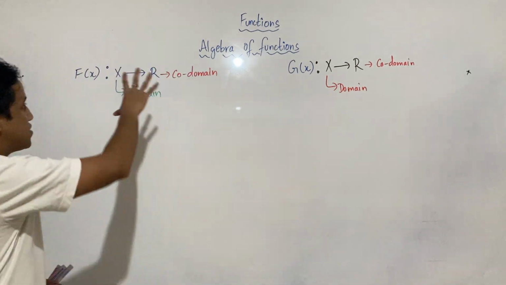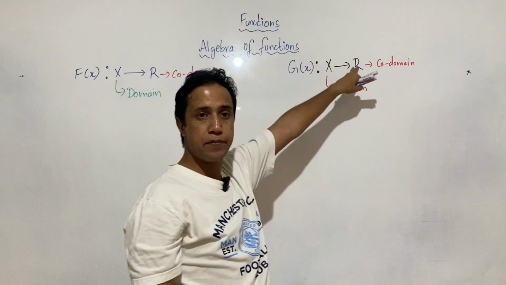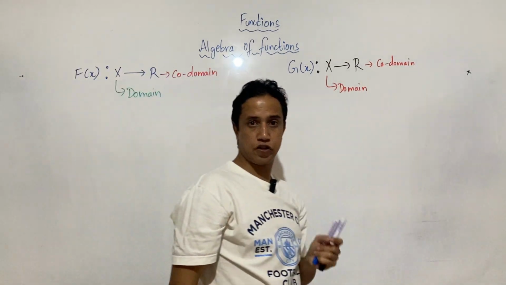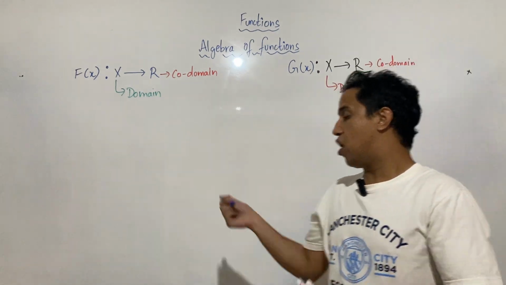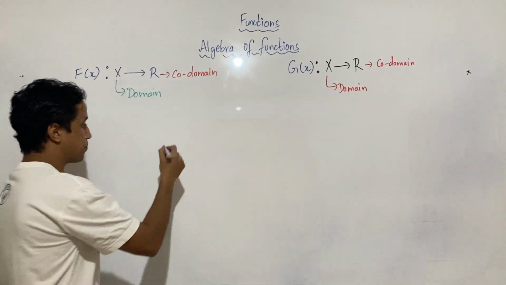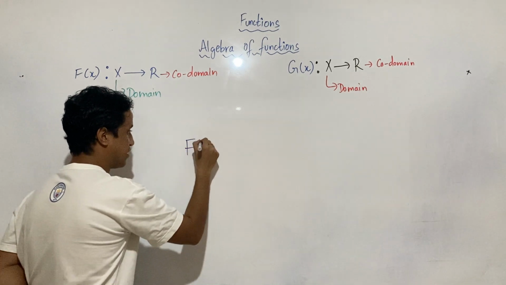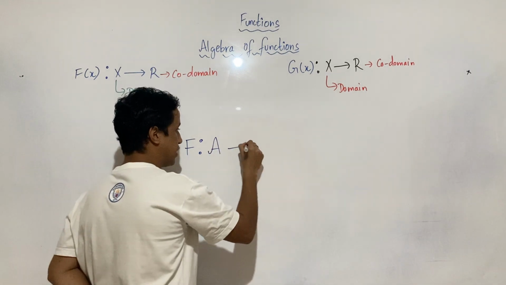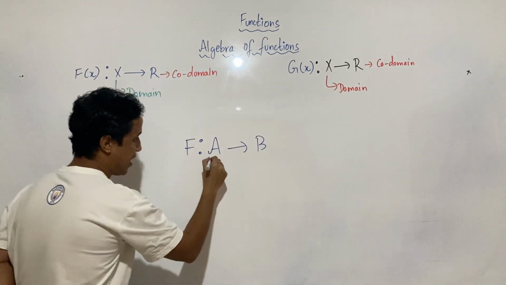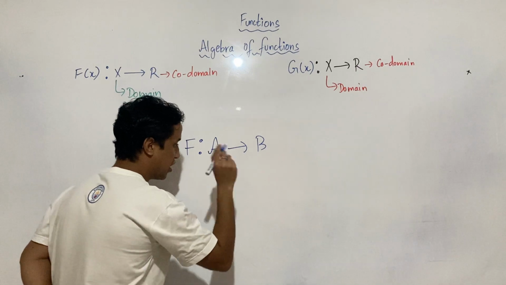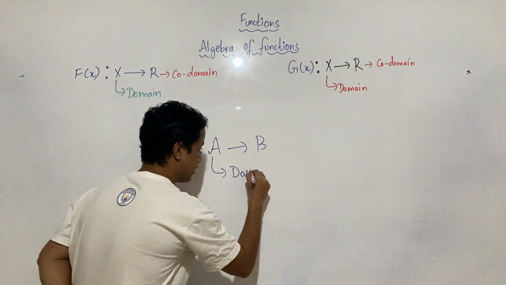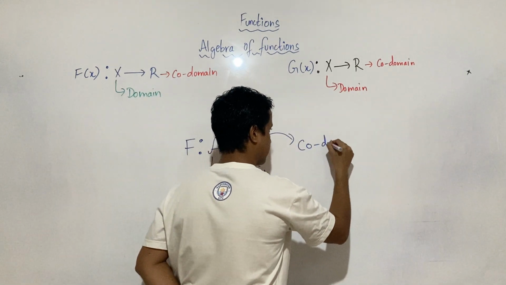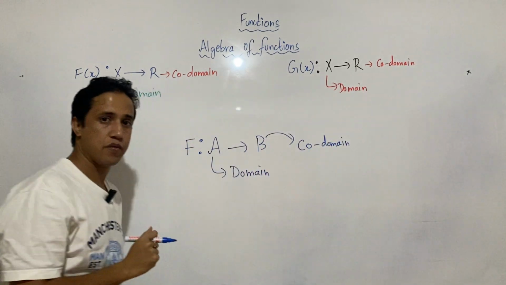This is the mathematical definition of the function. So I have represented both these functions mathematically. What does it mean? Let's say that f is a function defined from A to B, so it means that A is referred to as the domain, and B is referred to as the codomain.